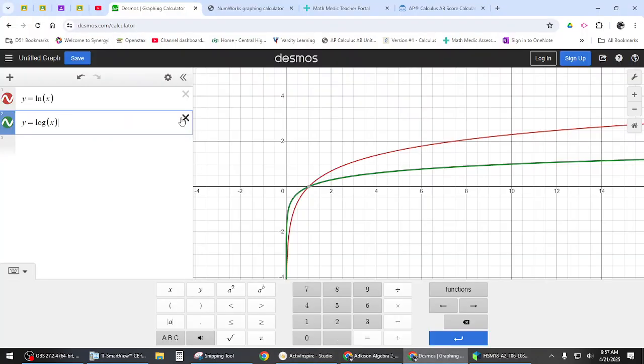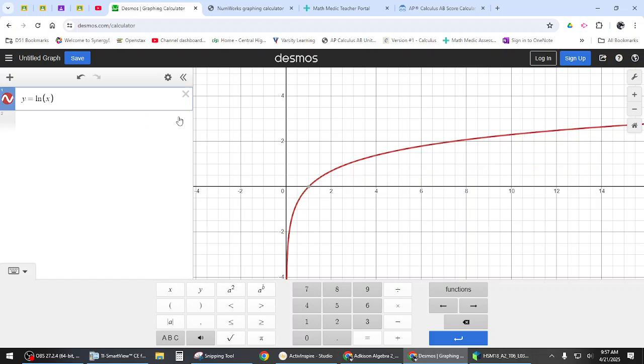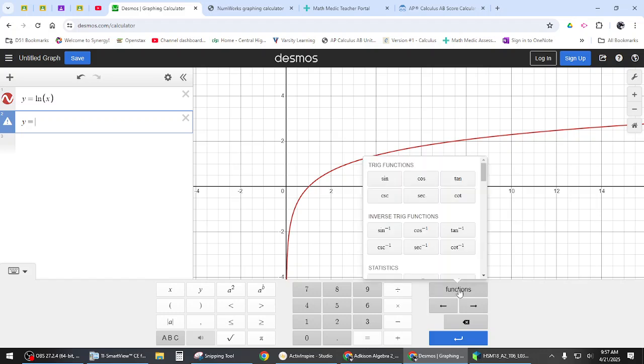Okay, so a couple of quick illustrations of that. Here's natural log, just the regular red natural log one. If you're using Desmos, by the way, let's say I want to shift this around. The log ones are in the functions menu, so you have to click over here, scroll down a ways.